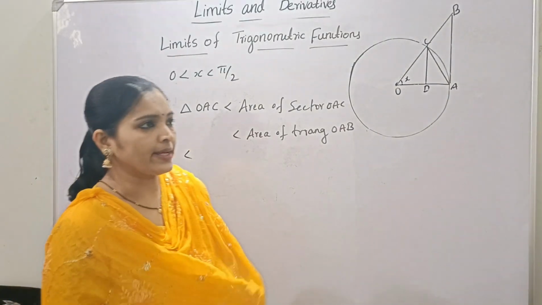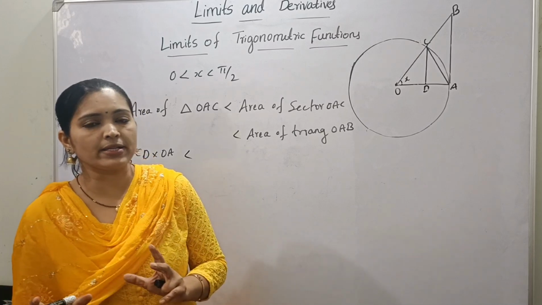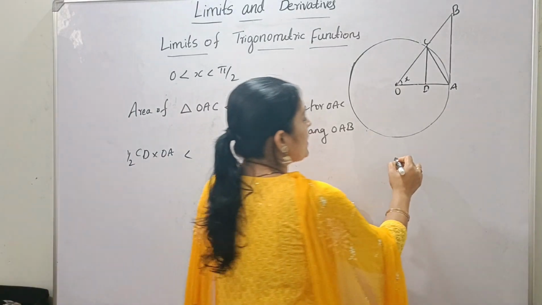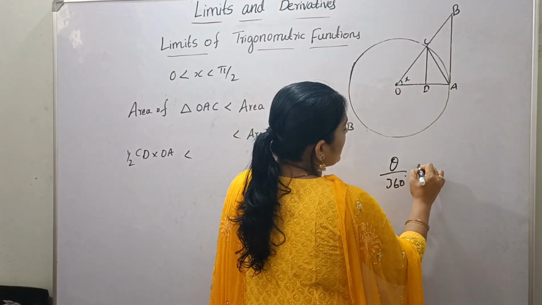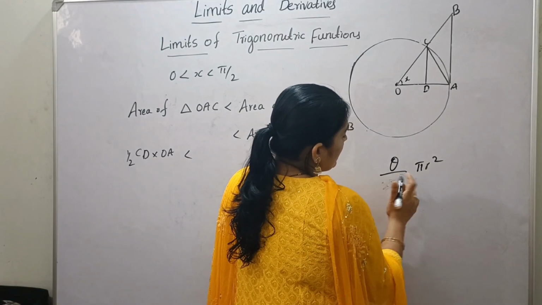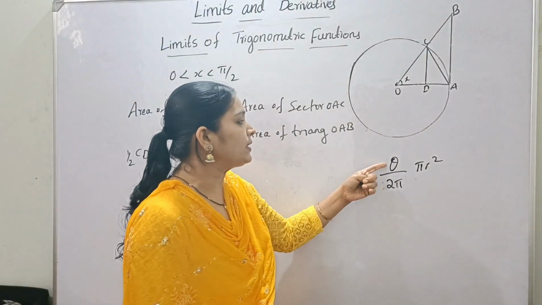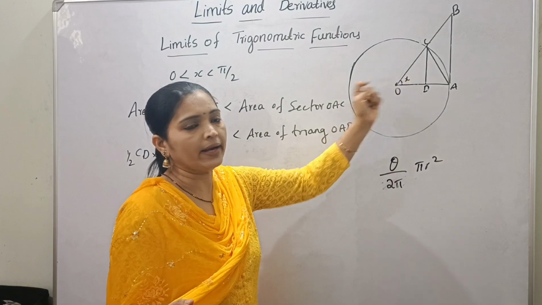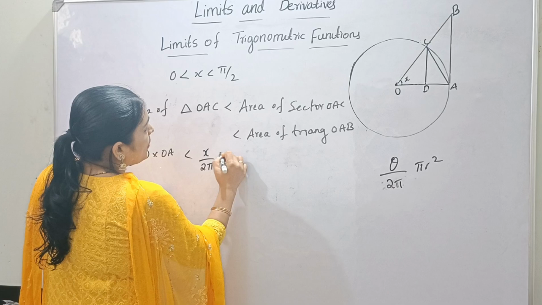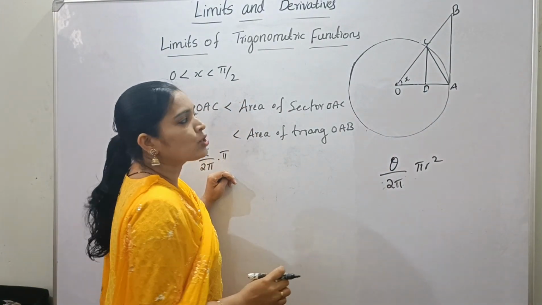the area of the sector. In our trigonometric functions chapter, we have already studied the area of a sector of a circle with angle theta, that is theta divided by 360 degrees into pi r square. Here 360 degrees we can write as 2 pi. So x divided by 2 pi into pi into r square, where r is nothing but OA, the radius of the circle.